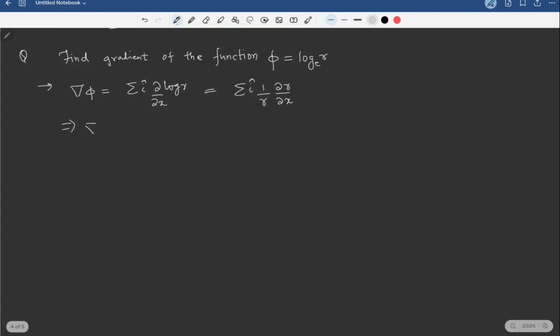It implies grad phi is equal to i cap into 1 by r into x by r. We get 1 by r square into i cap into x. So we get grad phi is equal to 1 by r square into r vector.